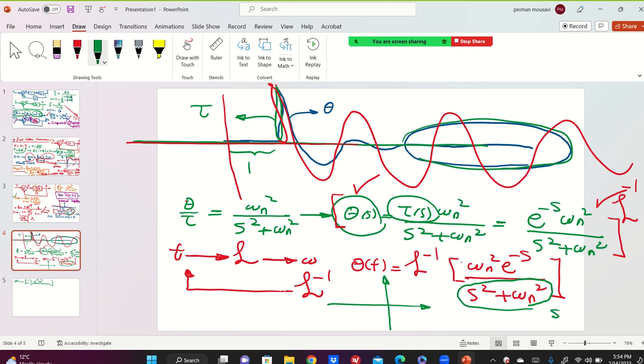So s1 and s2, if you set it to 0, are plus or minus i omega n. Remember? A pair of pure poles, a marginally stable system: plus i omega n, minus i omega n. These are the poles of the system. Yes, everyone?